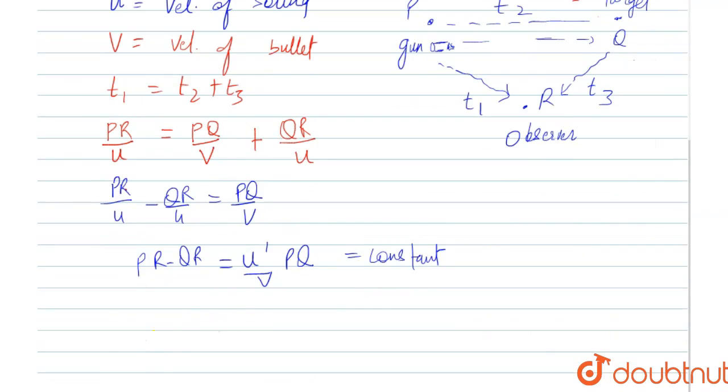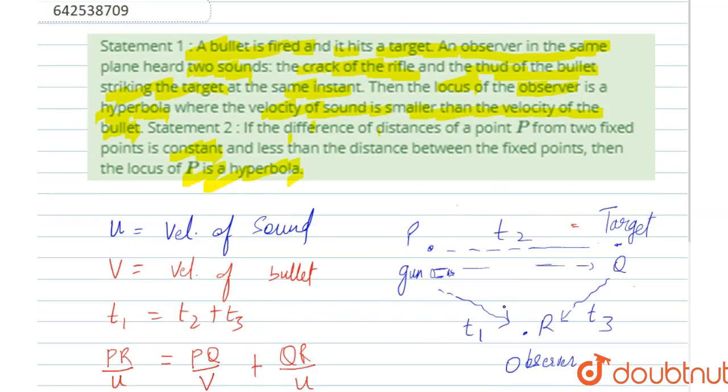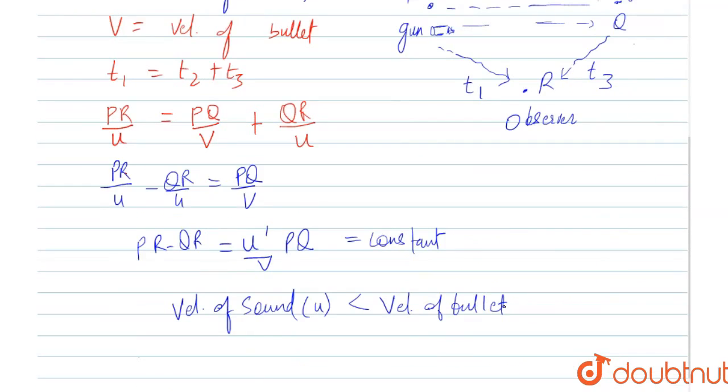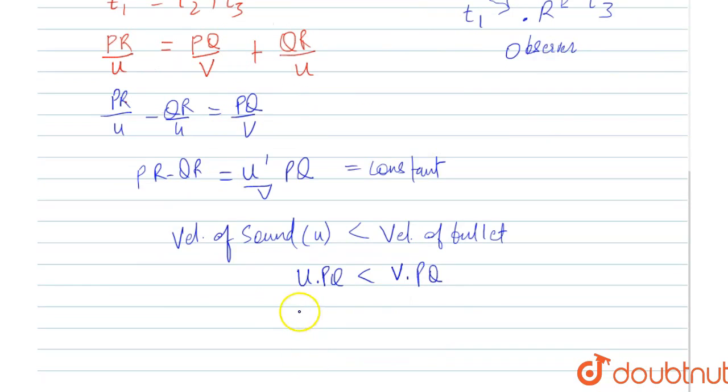And then the velocity of sound, U, is less than the velocity of the bullet, because the bullet travels faster than sound. So U upon V into PQ is less than PQ.